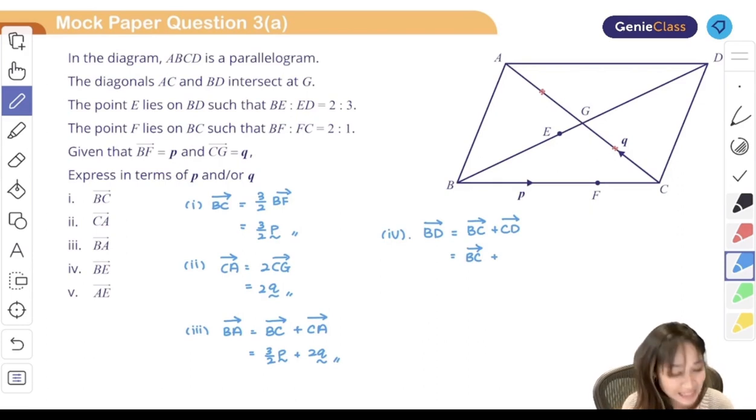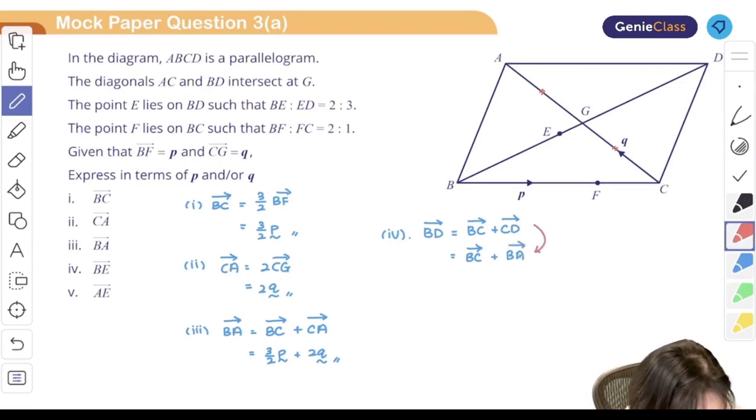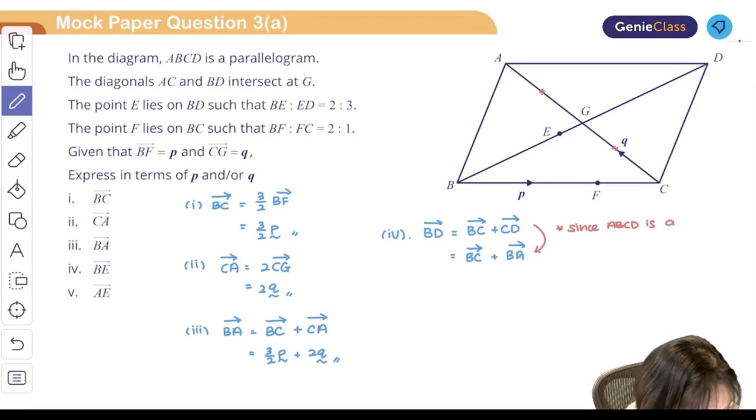Very good, Kavya. It's equal to BA, since this is a parallelogram. So very important, since ABCD is a parallelogram, CD equals BA.